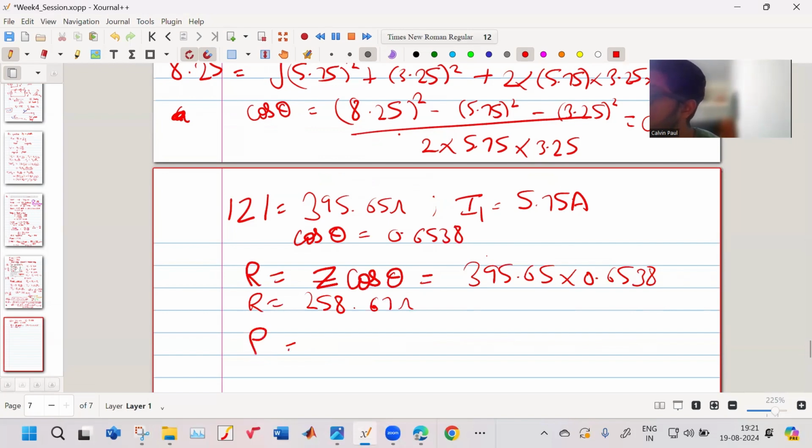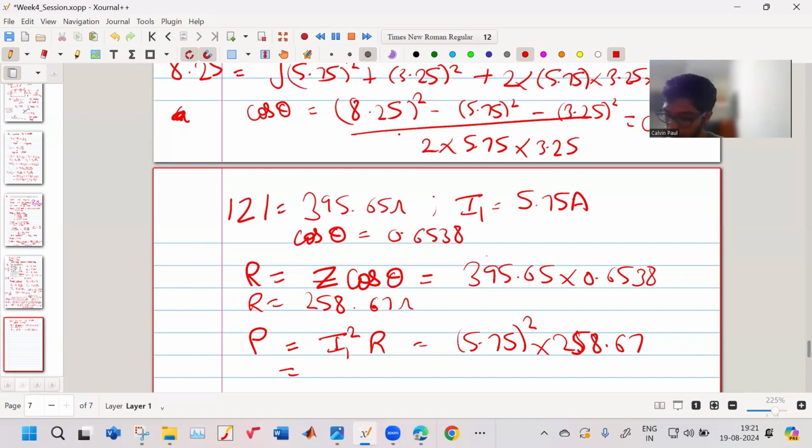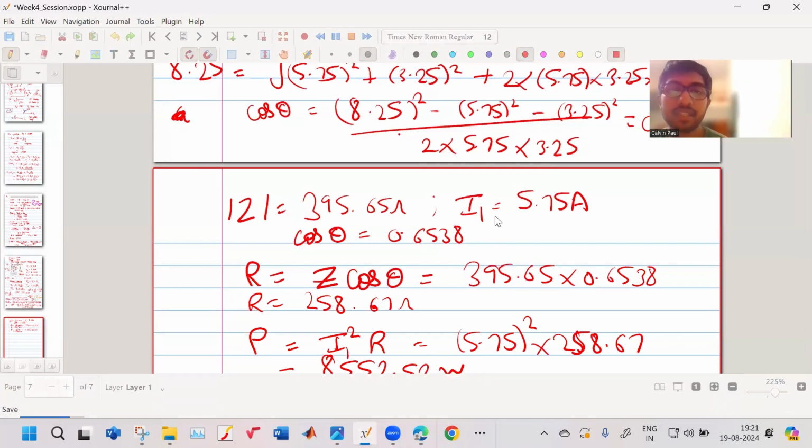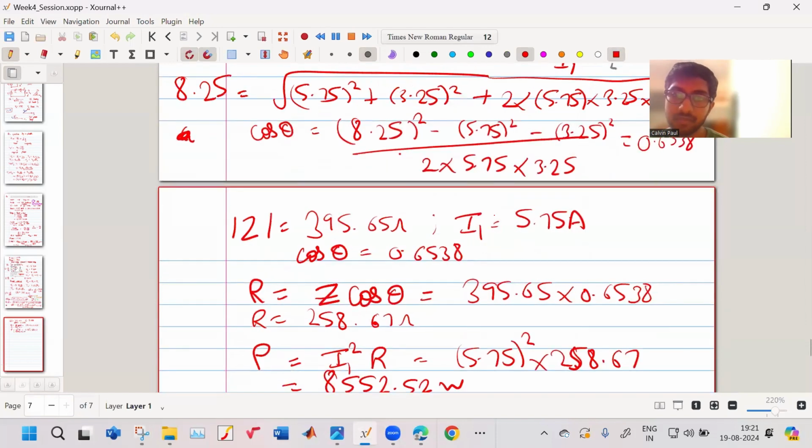So the power comes out to be I1 square R, that is 5.75 square into 258.67. So that answer comes out to be 8552.52 watts. Okay. So any questions still about this sum which we have done?